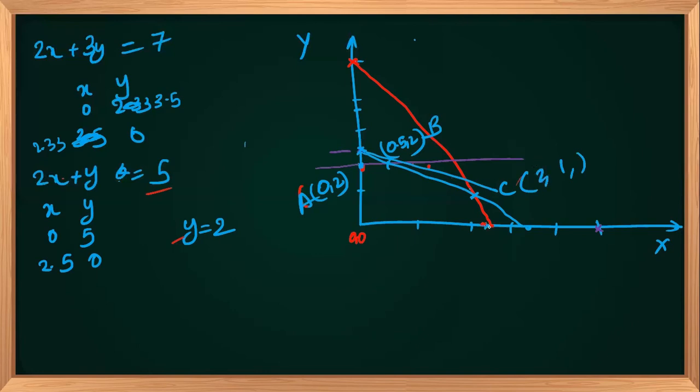And this point will be, we already have this point. This will be 2.5, right? 0, 2.5. No, 2.5, 0, isn't it? How much x will be? X will be 2.5. 0, 5. What is this? Again, a confusion.